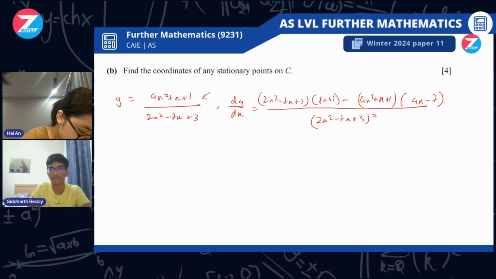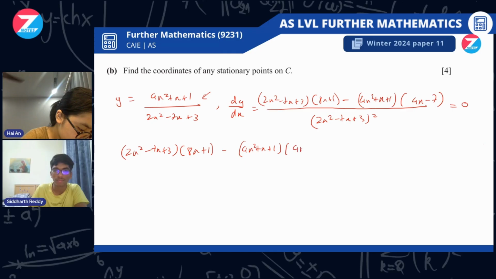And we need to find out where this is equal to 0. Since it's equal to 0, we can just multiply by the denominator on both sides. And we get (2x squared minus 7x plus 3) into (8x plus 1) minus (4x squared plus x plus 1) into (4x minus 7) is equal to 0.